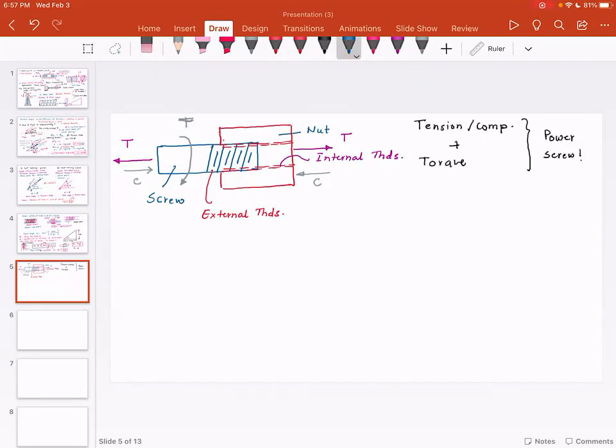So just to give you a quick idea, tension and compression give you normal stresses. So you are going to have sigma. Torque gives you shear stresses. So now you have a case where normal stresses and shear stresses act simultaneously.